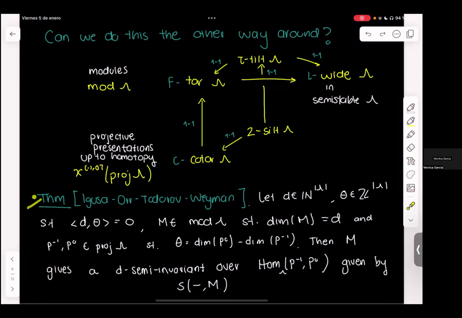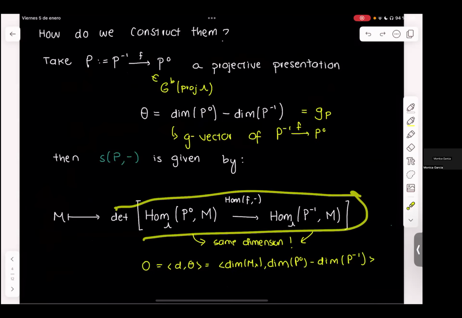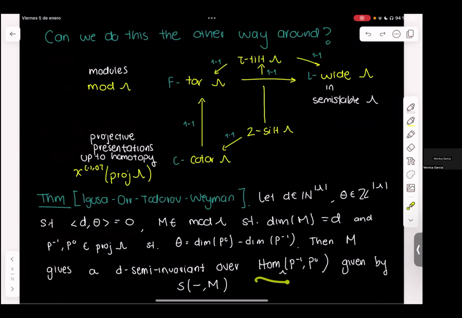A clue towards this result was given by Derksen, Weyman and Schofield. They said that if you take your dimension vector and theta as before, that are orthogonal to each other, and now you think about this function, in these functions we fixed the P's and we let M vary. Now fix the M and let the P vary over this variety.